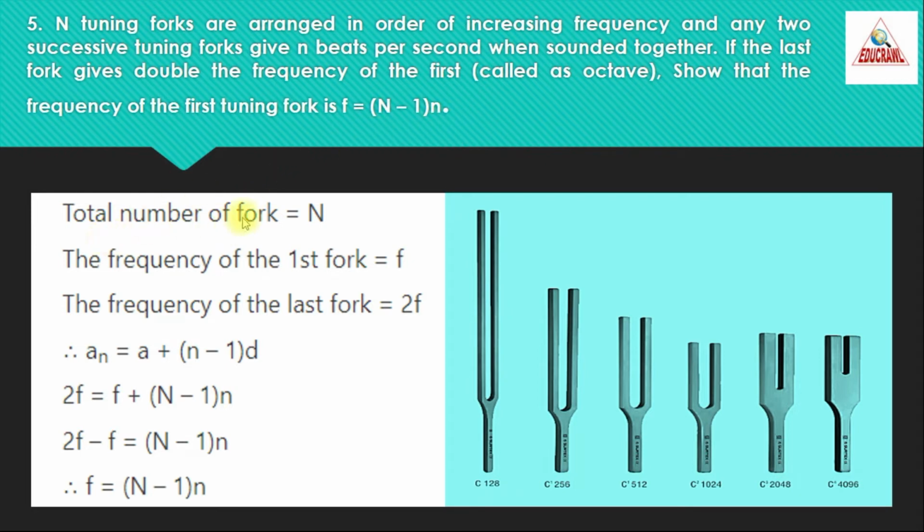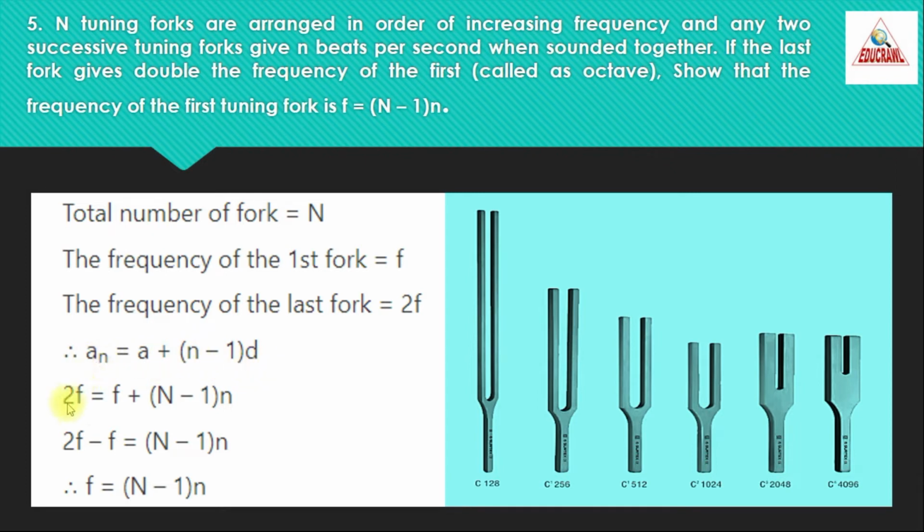We know that the total number of forks is equal to capital N. The frequency of the first tuning fork is small f. The frequency of the last tuning fork is 2f. This is like an arithmetic progression, which is AP. So we use the formula for AP as an is equal to a plus n minus 1 into d.